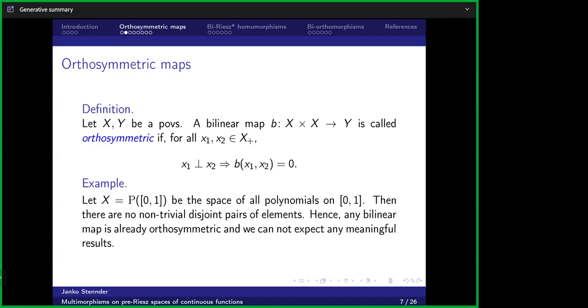You recall the definition for a space of continuous functions: the product should be 0 in every point, and this of course cannot work with polynomials, except one of the polynomials is 0. So in this case, any bilinear map is already of this symmetric kind, right? And we cannot really expect that something is going to happen. Right? So we need some more assumptions on our spaces so that we can get some results.